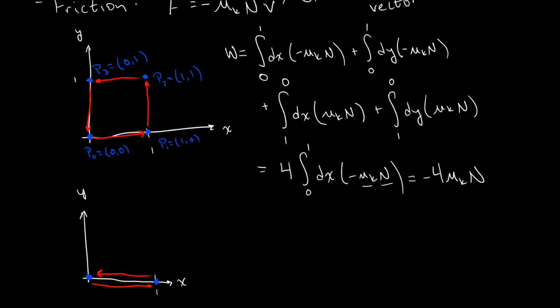So hopefully it makes sense that the same argument as up here is allowed. And so we get something which now looks like minus 2 mu k N. 2 because we only have 2 legs to our path, whereas we had 4 here because we had 4 legs to our path. So in this case we see that the work does depend on the path.